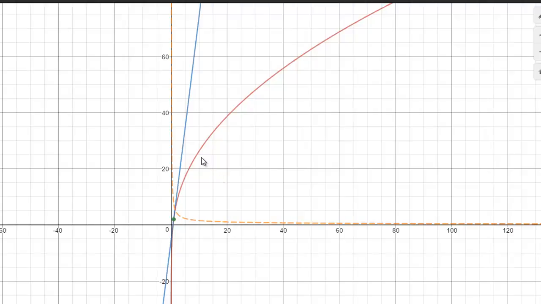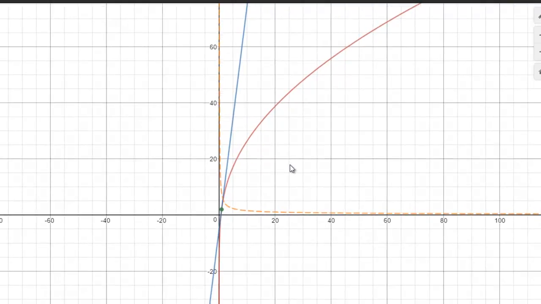The slope of the red curve at this point is given by the y value of the orange curve at that same point. So I really want you to think about what the relationship is between the graph of a derivative and the graph of a function, and then of course the graph of a tangent line as well. Hope that's been helpful. If you have any questions, always feel free to ask.